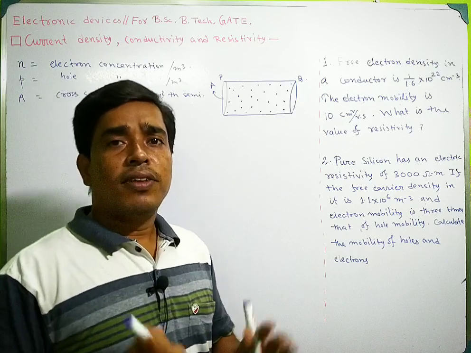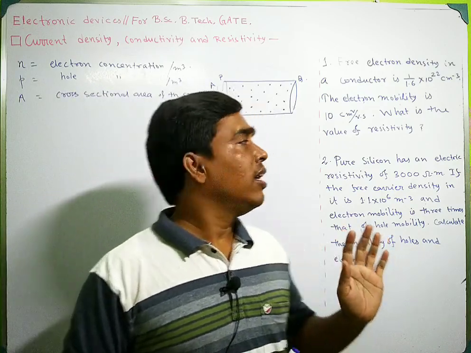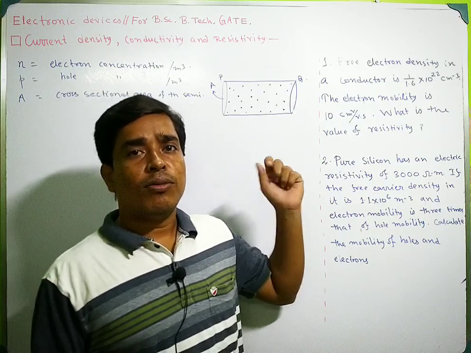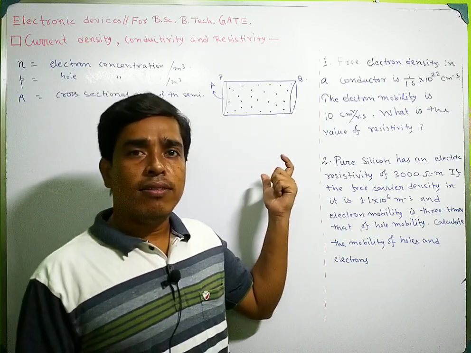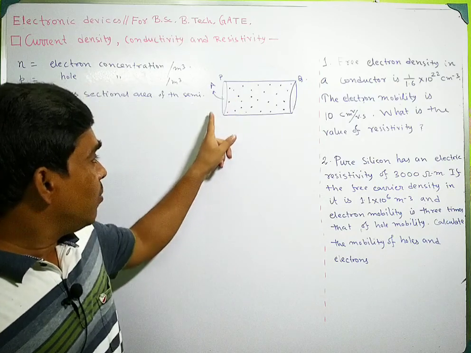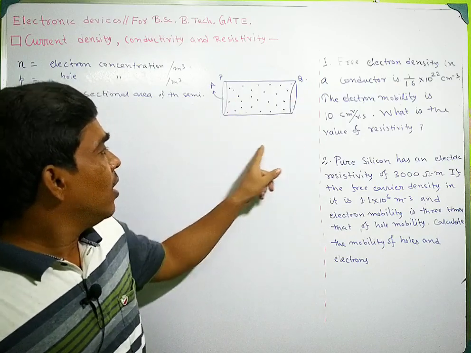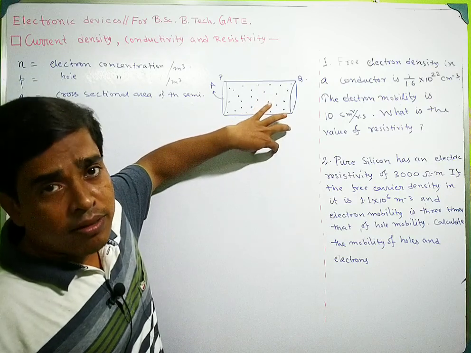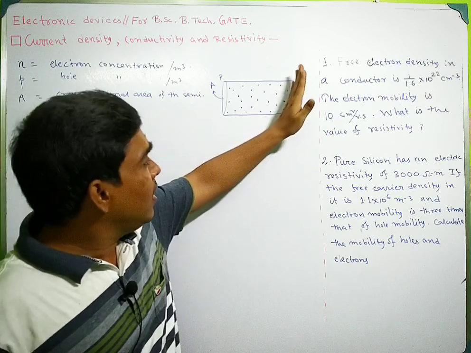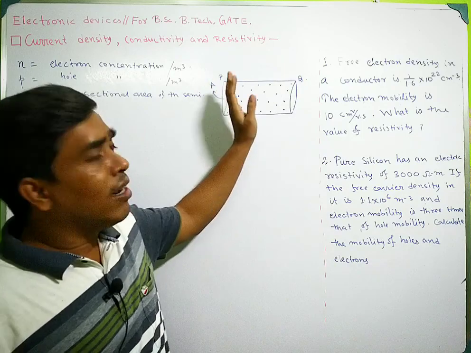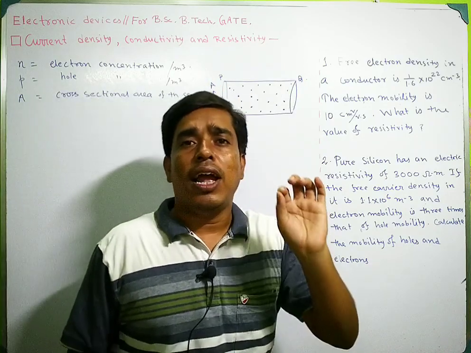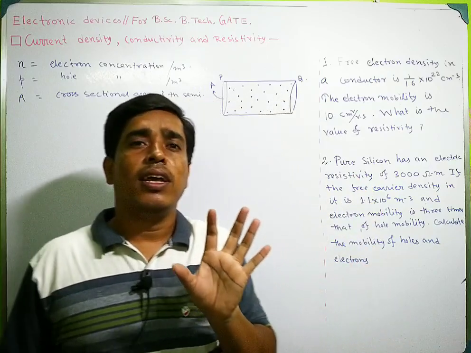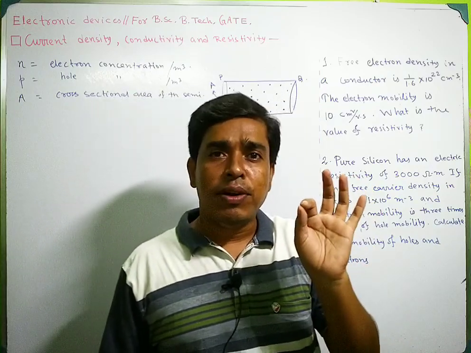Since this is a semiconductor, there are two types of charge carrier, one is electron and one is hole, and this semiconductor is kept under some voltage, suppose V. So the carrier will attain a fixed velocity. This velocity is called drift velocity.